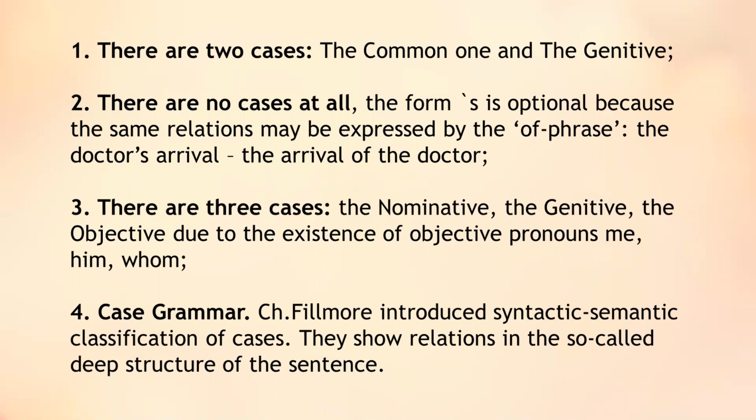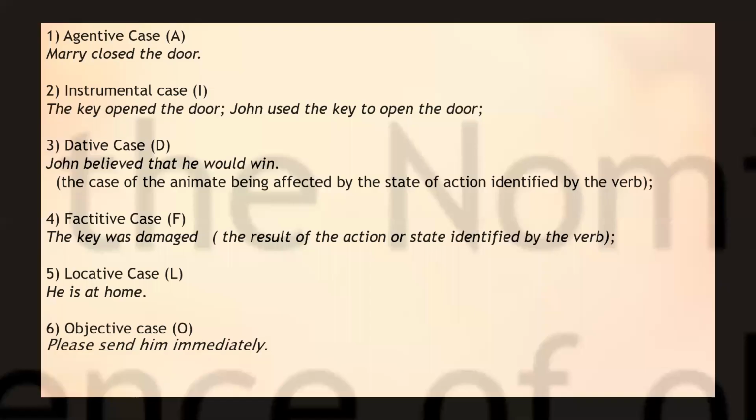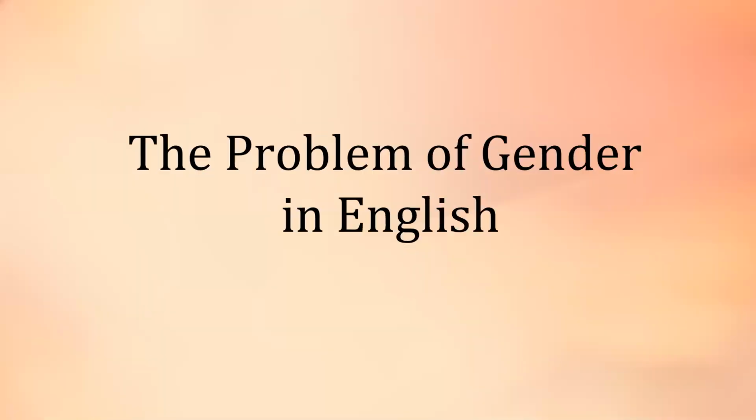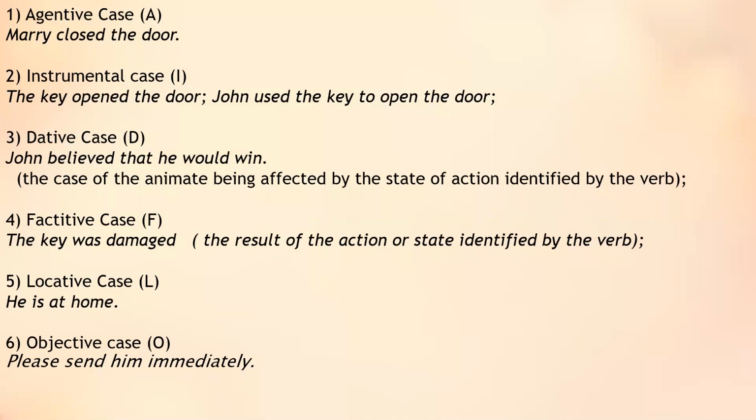They show relations in the so-called deep structure of the sentence as agentive case, instrumental case, dative case, factitive, locative, and objective case. Here examples are brought for all those cases. As the agentive case, the example, Mary closed the door.